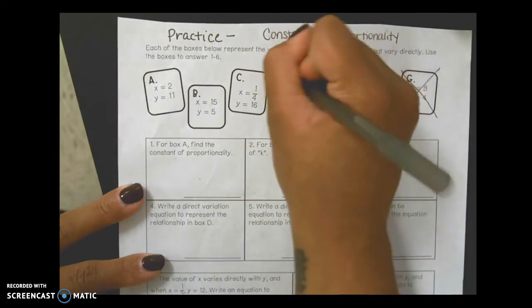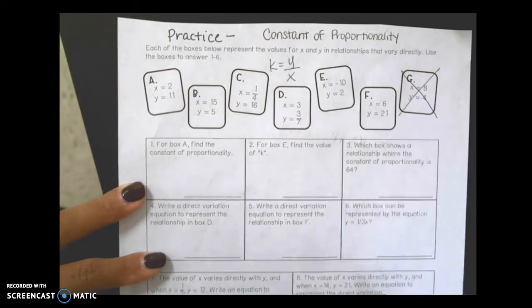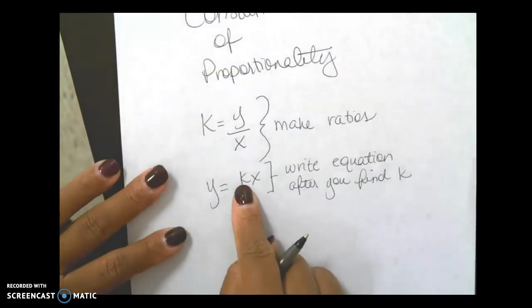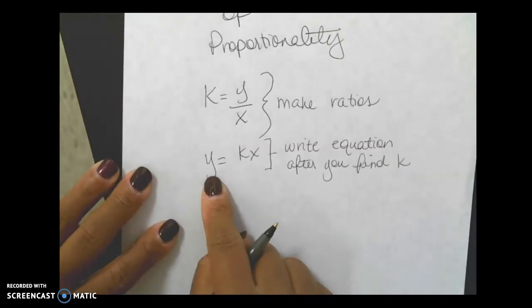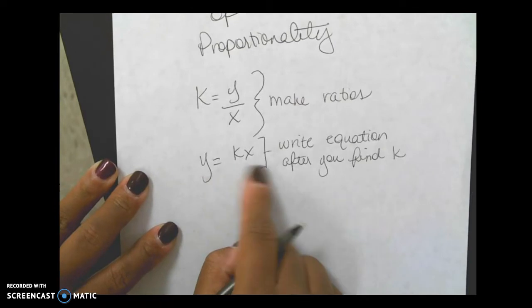K equals y to x. Then once you find out what K is, you need to write an equation, y equals K times x.